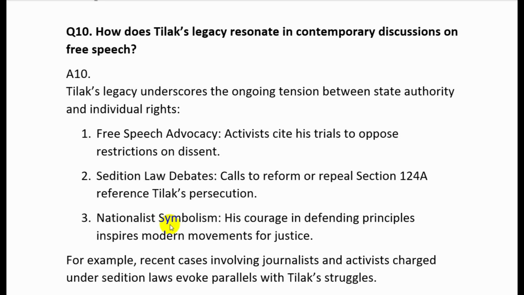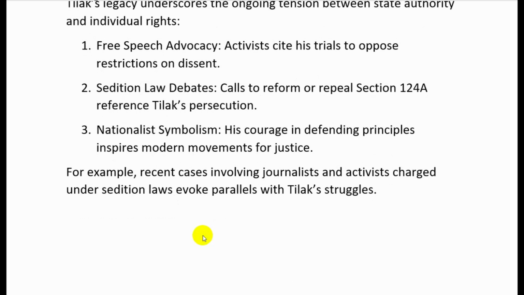Sedition law debates: calls to reform or repeal Section 124A reference Tilak's persecution. And nationalist symbolism: his courage in defending principles inspires modern movements for justice. For example, recent cases involving journalists and activists charged under sedition laws evoke parallels with Tilak's struggles.